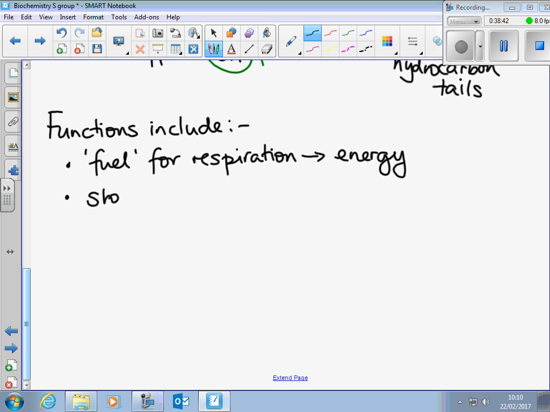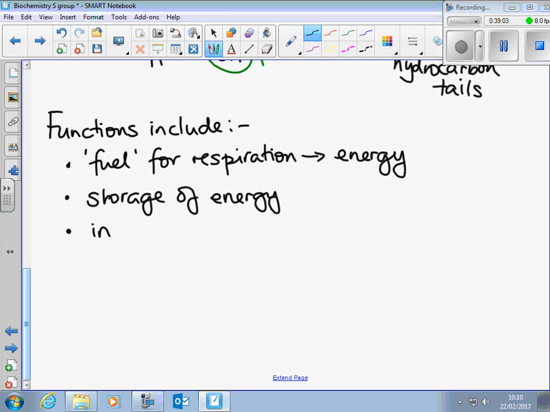Storage, and it's storage of energy, really, isn't it? Which is an odd way of looking at it, but that's what we're doing. If we're storing fats for later use, then when energy's required but we haven't got food available, then we should be able to turn to our stores.